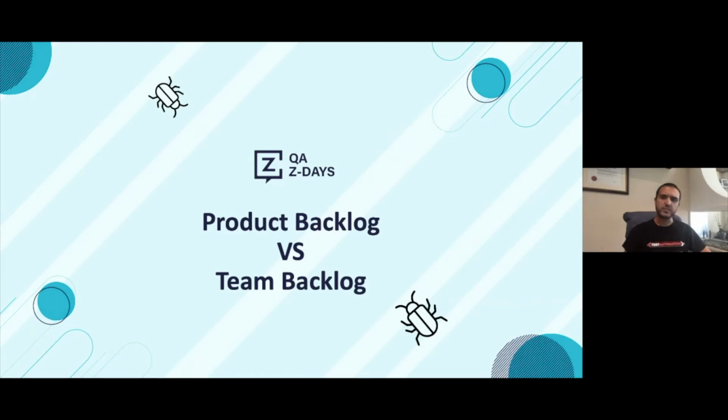What is the main difference between tickets in the product backlog and team backlog apart from this? Another critical point is that tickets in the product backlog need to be tested by a QA. Tickets in the team backlog do not need to be tested by a QA. And this will help the product owner and the Scrum Master better plan the upcoming sprints.